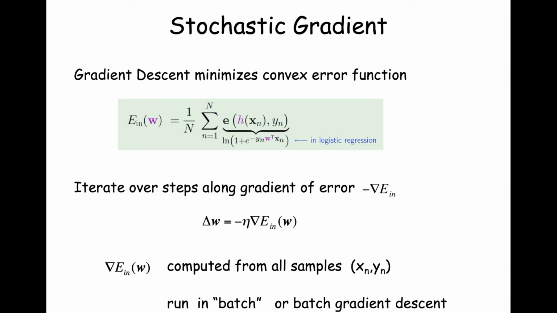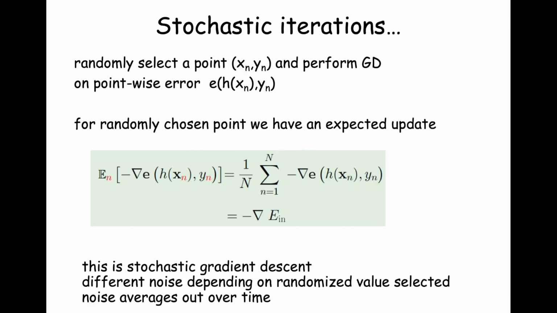And so our delta w was minus eta, our step size, in the direction of this gradient based on its magnitude, the gradient of E_in, for current working hypothesis w. Now, of course, our gradient of E_in was computed from all of our in-sample data, our label instance pairs x_n, y_n, and this is called running in batch mode or batch gradient descent.